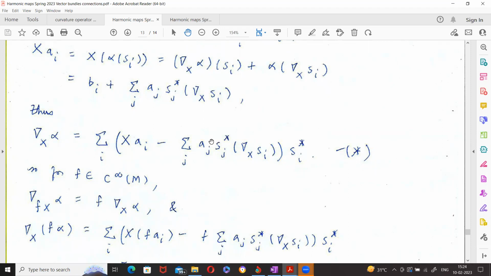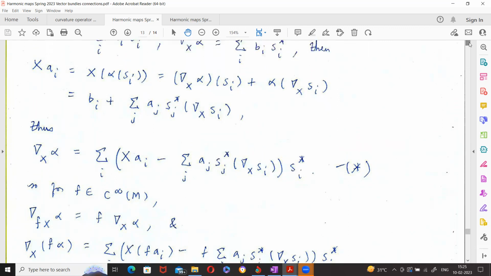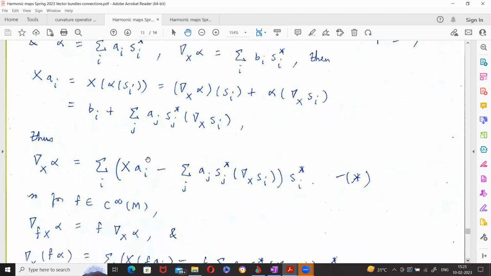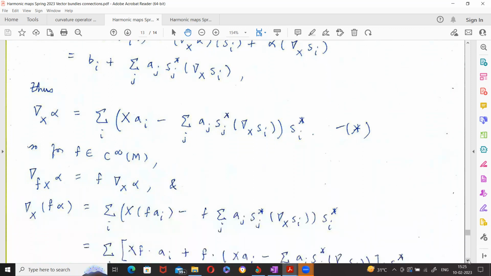So the point is, I can take this equation as the definition of my connection on the dual bundle. I define nabla X alpha by this formula, that if alpha is of the form summation A_i S_i star, then nabla X alpha will be of this form. And then it's easy to check that this satisfies the properties of a connection.